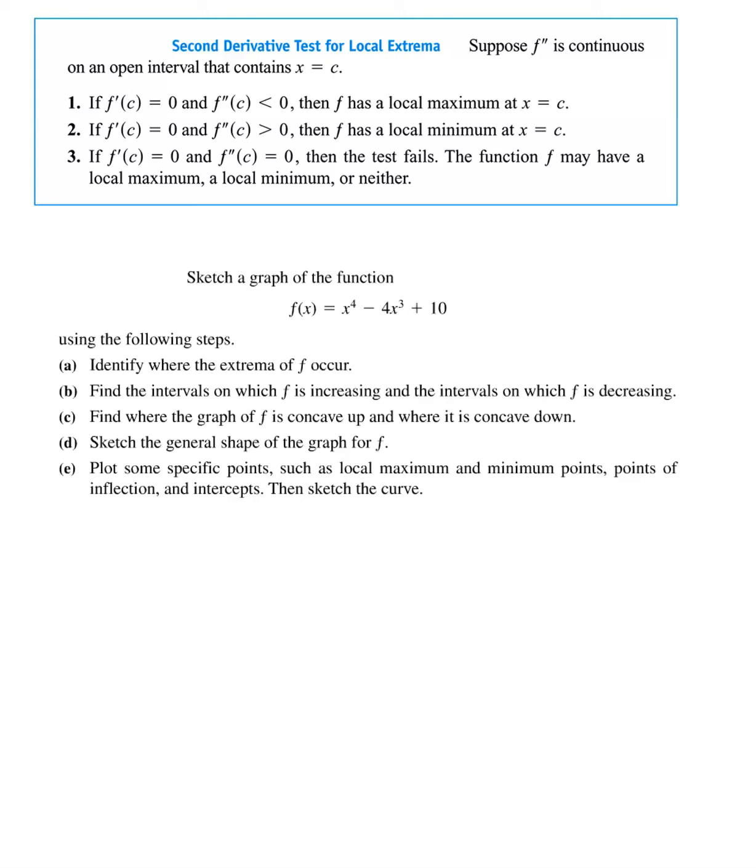Now, before we begin, we need to check the premise. So let's do that first. The function f of x, we know, is a polynomial. It's actually a polynomial of degree 4.